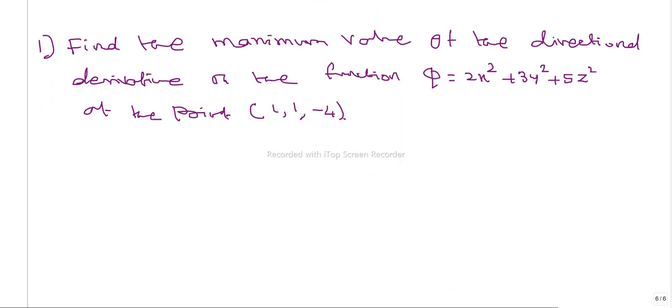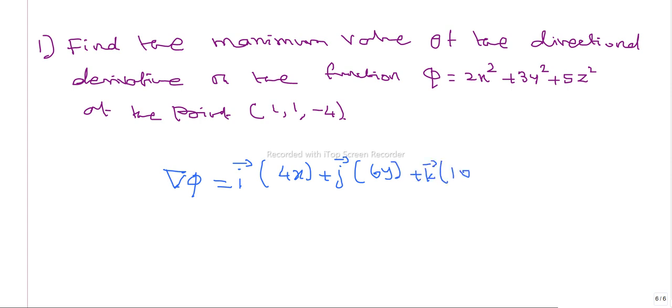So first you have to find the del pi. So pi is given, therefore del pi we can directly write: del pi equals i vector times 4x plus j vector times 6y plus k vector times 10z. So this is the del pi.